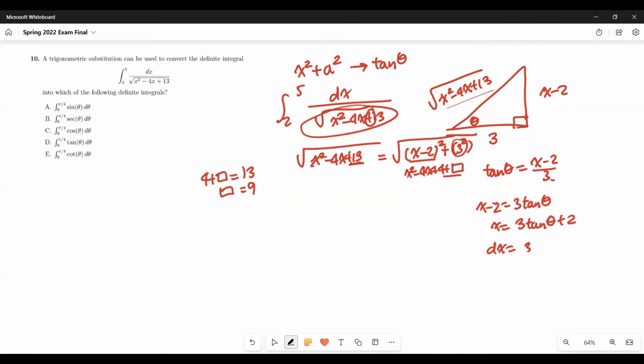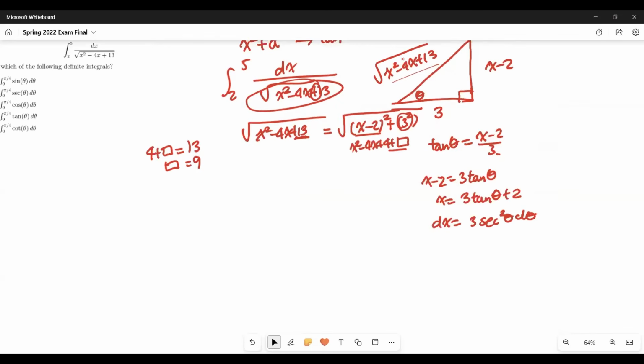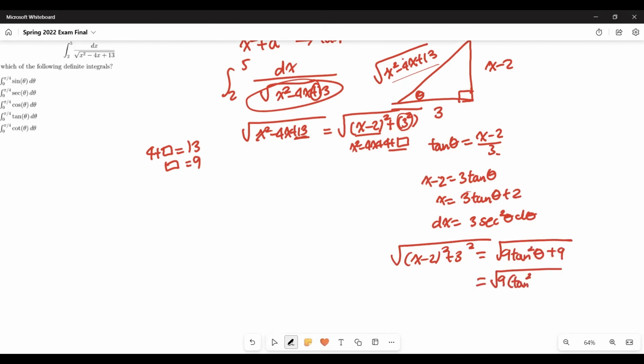and x is equal to 3 tangent theta plus 2. dx is going to be 3 secant squared theta d theta. Cool. And then let's find (x minus 2) squared plus 3 squared, which is going to be 9 tangent squared theta plus 9, which is 9 (tangent squared theta plus 1).